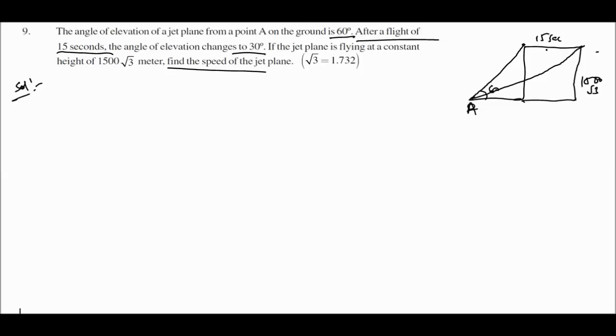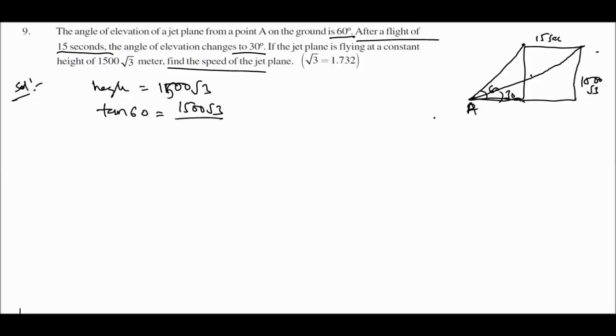He is asking how far it went in 15 seconds, and so at what speed it went. So we have to find the height of the plane from the ground. Height is equal to 1500 root 3. Here tan 60, and this one 30. Tan 60 is equal to height, 1500 root 3, divided by this, which we have to find.